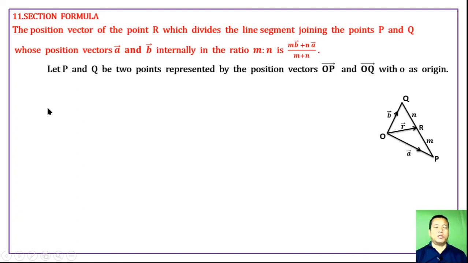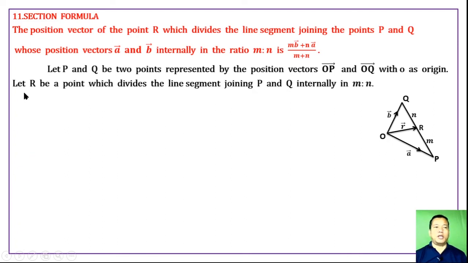Let us prove. Let P and Q be the two points represented by the position vectors OP and OQ with O as origin as in this picture. P and Q are points with position vectors a vector and b vector. Let R be a point which divides the line segment joining P and Q internally in m is to n.